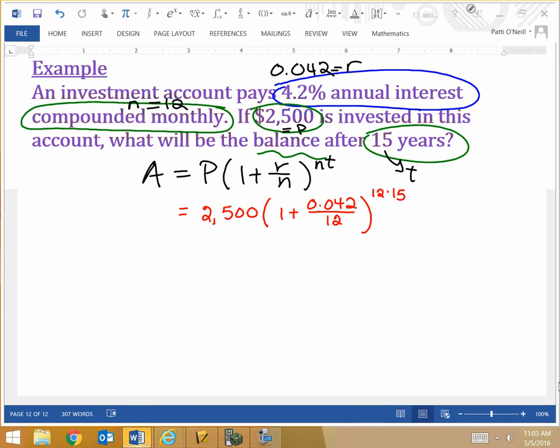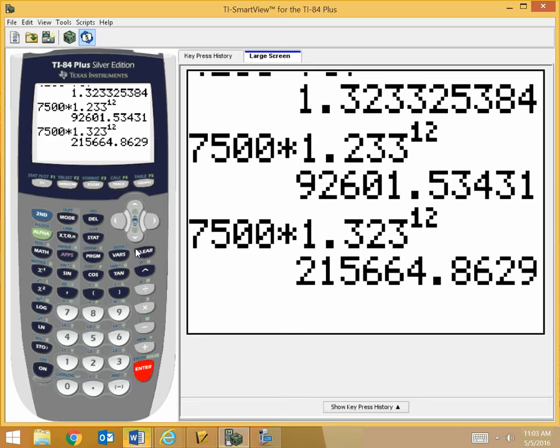I need to put this in on my calculator in order to get a final answer for this. So this, again, may be one of the tougher things for a few of you to do, but I will help you when we work on these problems in class.